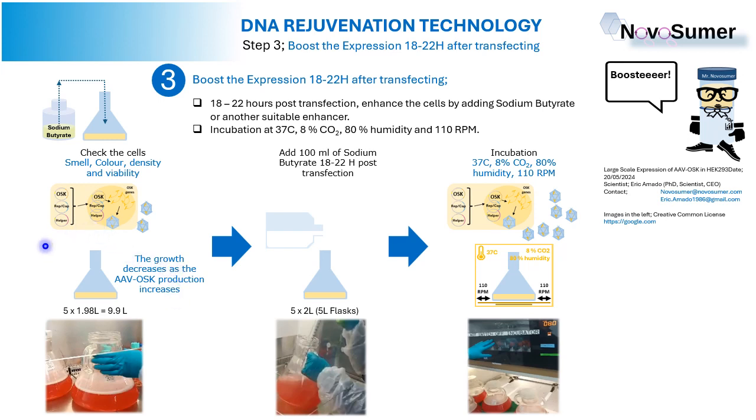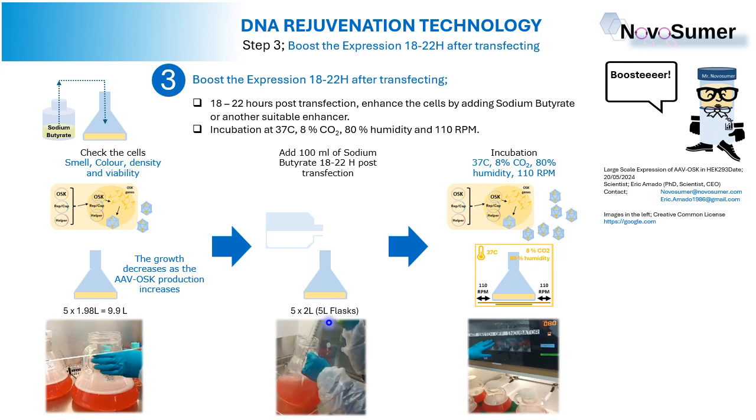Okay, so we check the cells, the color, the smell, the density is all right, and not many of them have died. And what we do is collecting the sodium butyrate. Okay, so we take the sodium butyrate and we transfer 100 milliliters of sodium butyrate to the culture, just like this.